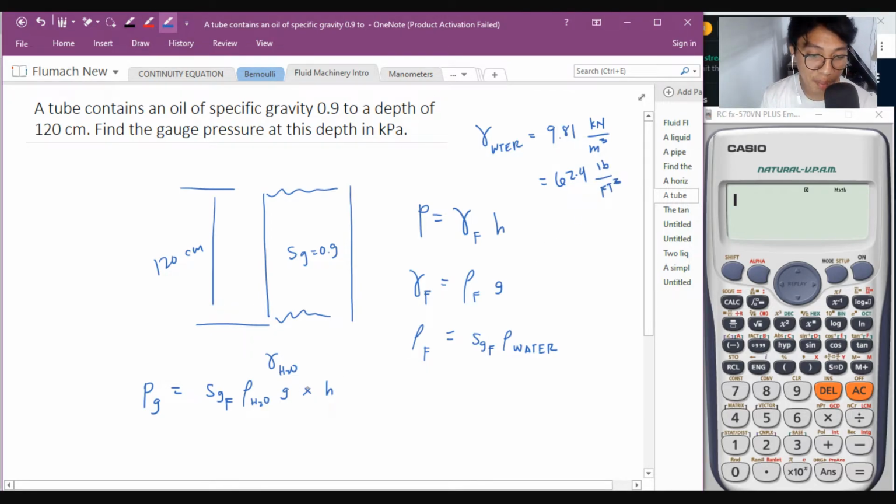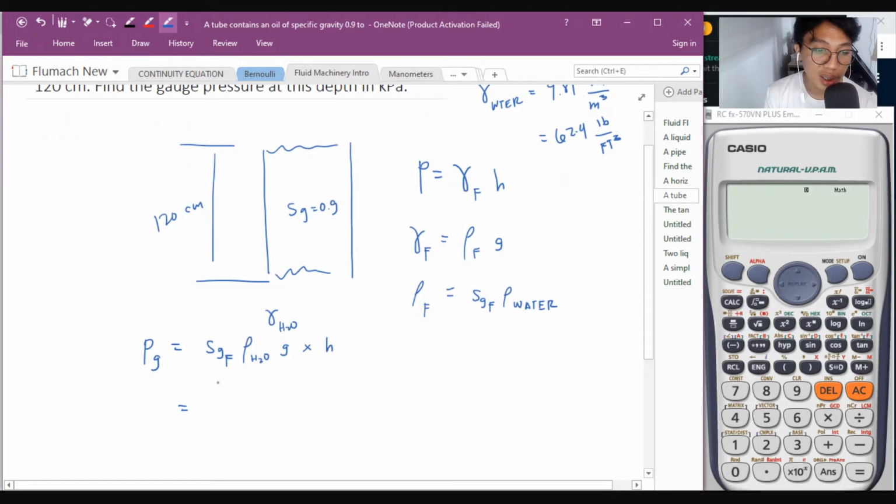Basic yan dapat alam nyo. So, the specific gravity of the fluid is 0.9 multiplied to 9.81 kilonewton per meter cube multiplied to, wag nyo na consider yung gravity, nandito na yan, multiplied to the height na meron ka dyan.